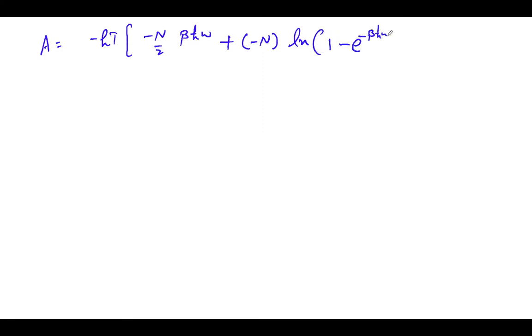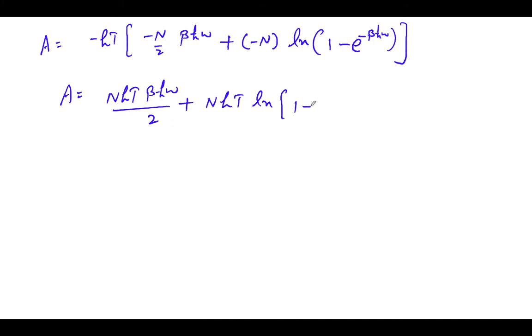Taking the logarithm, it gets cancelled with this exponential function. So this first term becomes minus n by 2 beta h bar omega, plus minus n log of 1 minus exponential of minus beta h bar omega. Opening this bracket, we get nkT beta h bar omega over 2 plus nkT log of 1 minus exponential of minus beta h bar omega.